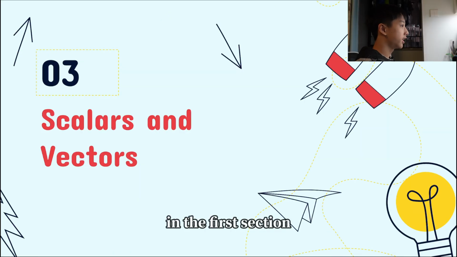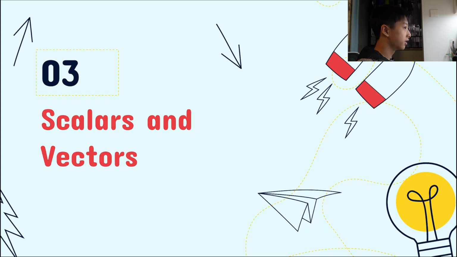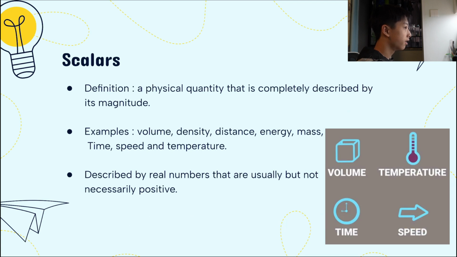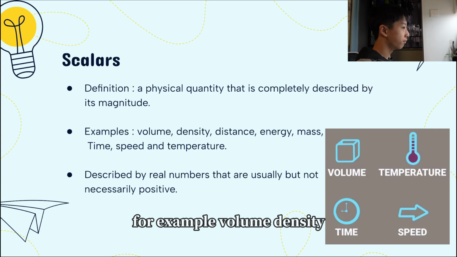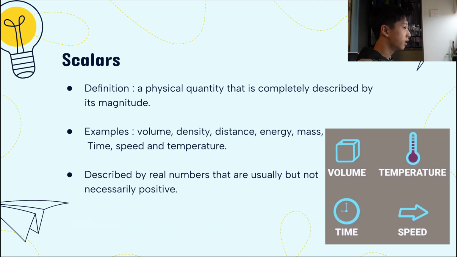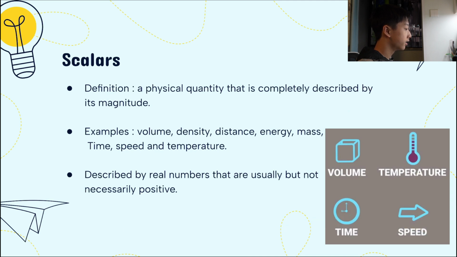In the first section, we will learn about scalars and vectors. A scalar is a physical quantity that is completely described by its magnitude. For example, volume, density, distance, energy, mass, and time. Scalars are usually described by real numbers, but they are not necessarily positive.